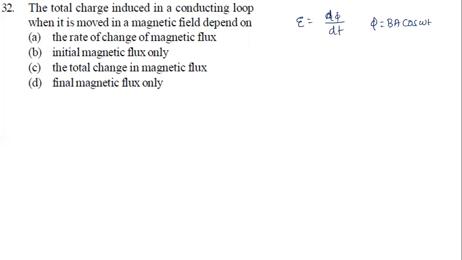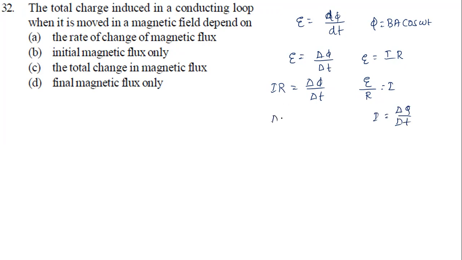Taking it in a simple way, E equals delta phi by delta t, where E equals I times R. So in place of E, I use I times R, equal to delta phi by delta t, where I is current, given by delta Q by delta t.